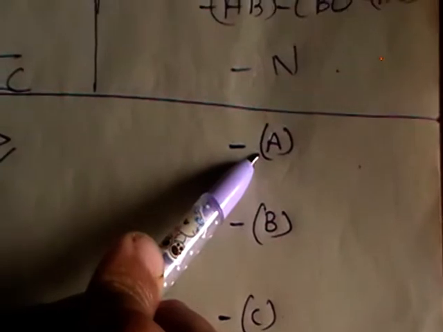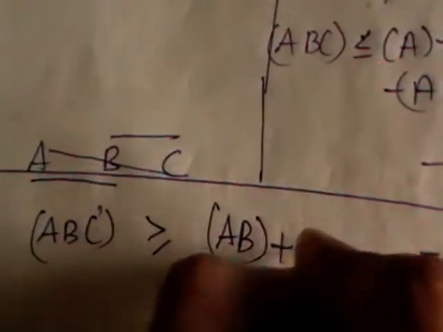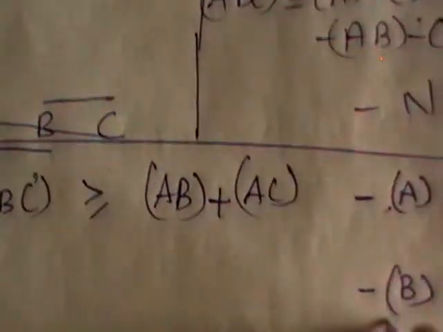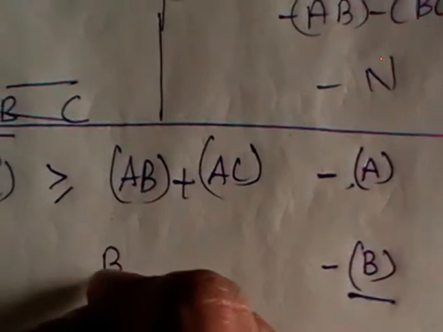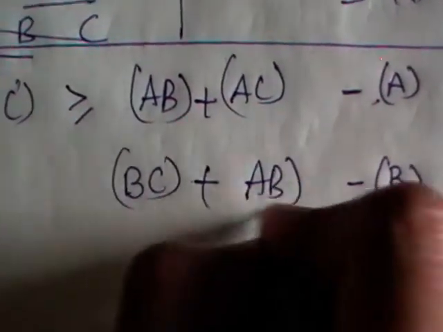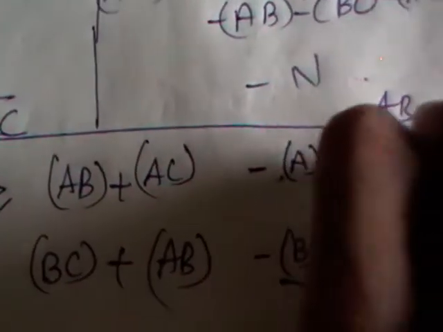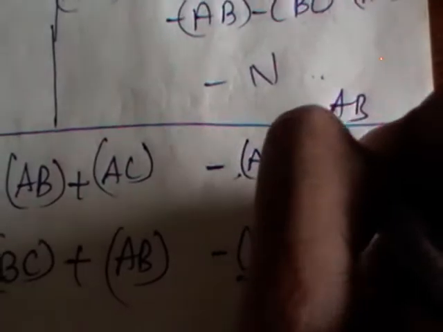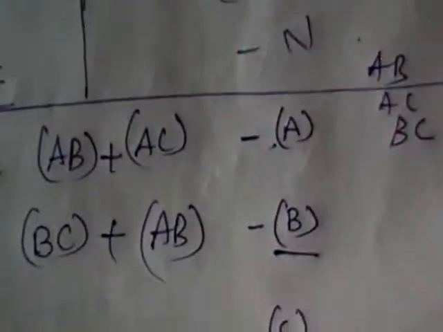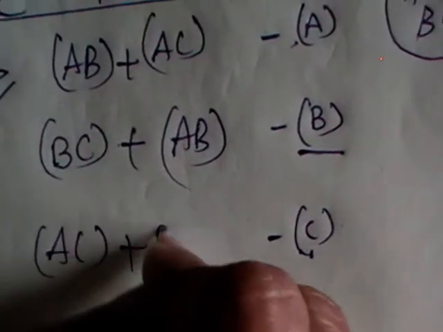Try to identify the second order frequencies involving A. Those are nothing but AB and AC. Those involving B are BC and AB. Those involving C, among AB, AC and BC, are AC plus BC.